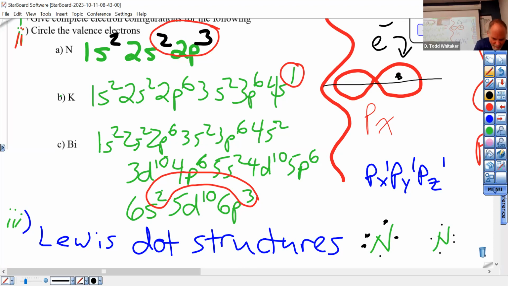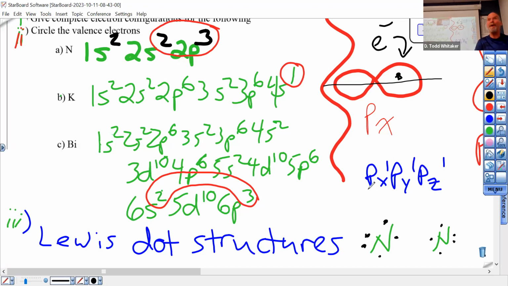What do they have in common? How many dots on each one? 5. Why 5? 5 valence electrons. Why are 2 of them paired? Why are these 2 paired and the other singles? And that has to do with what I did down here.